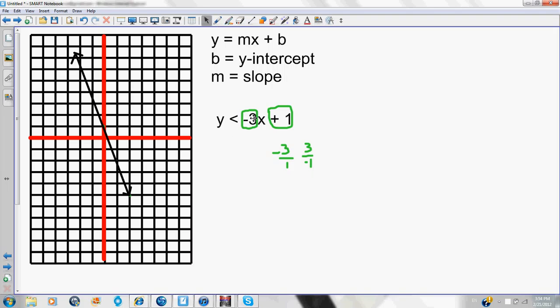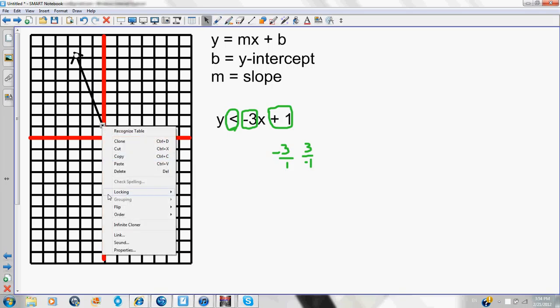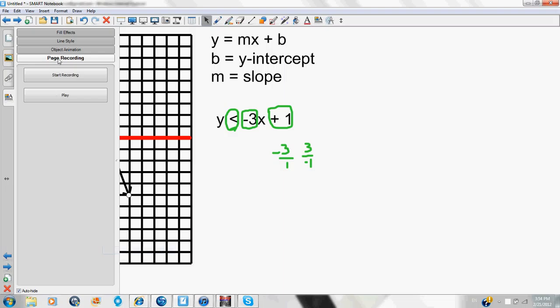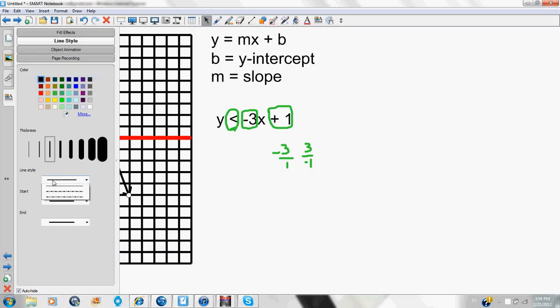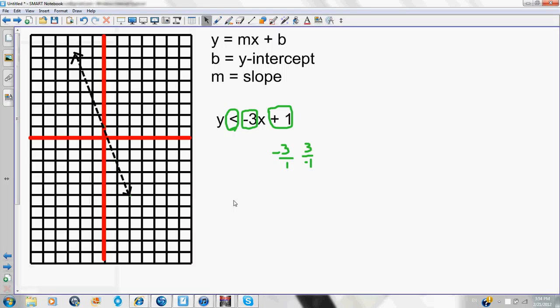Now, see this sign right here. This is an inequality sign, which means less than. When it says less than, that means that the line that you're going to draw is not going to be a solid line. It is going to be a dashed line. Because if it's a dashed line, that means the answer is not included on the line. You cannot find your answer on that line.